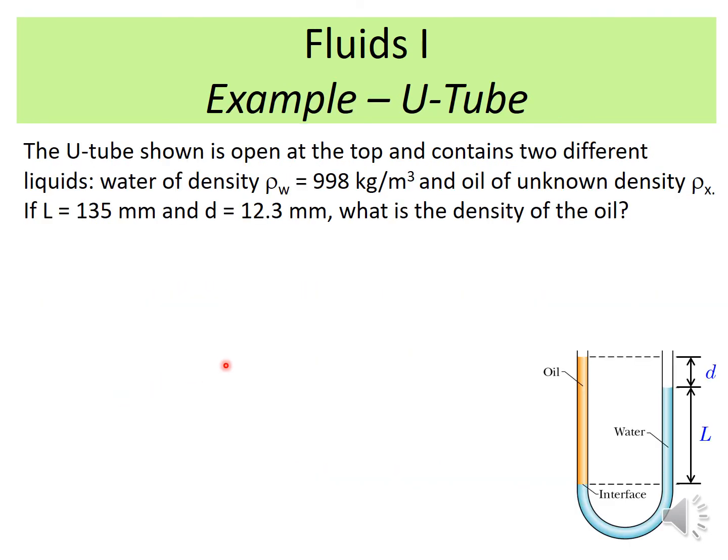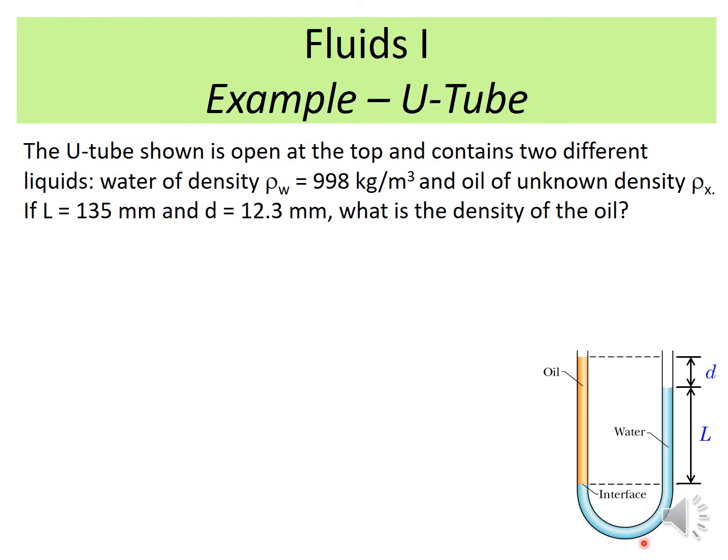So now let's have a look at an example where we have a U-tube. This is a U-tube here. It's called like this because it has the shape of a U, and it is filled partially with oil and then partially with water. Because the oil and the water have different densities, you do not have an equilibrium where the oil-water interface is symmetric.